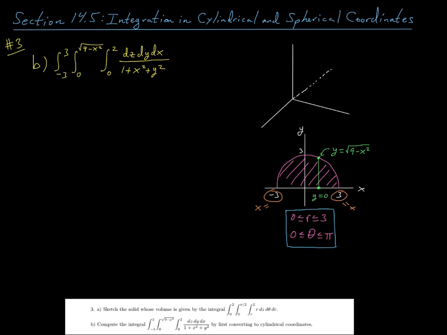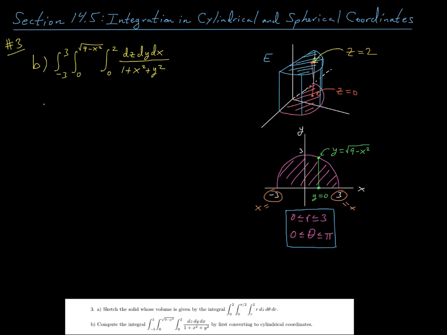Okay, so now let's look at the solid we're integrating over. So here is our half disk down here in the xy plane, and then we're just letting z vary from 0 up to 2 right here. Okay, and so we're going to fill out this solid you see right there.